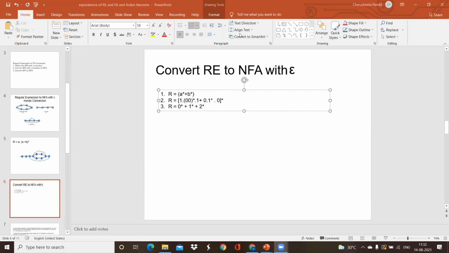Two more should be there. One regular expression is equal to (AB/JA) star dot AA dot (AB/BA) star.